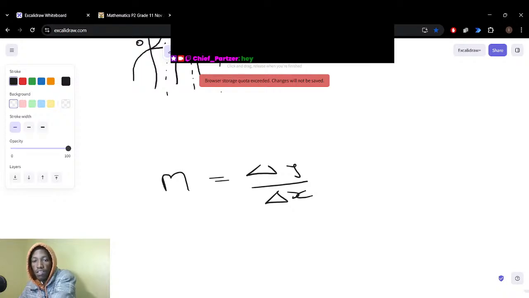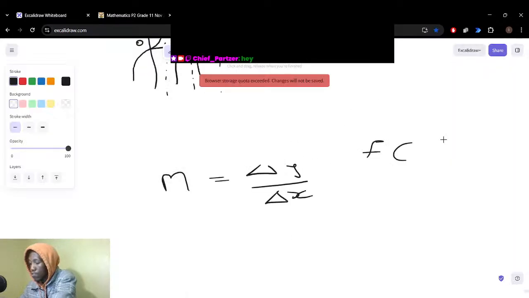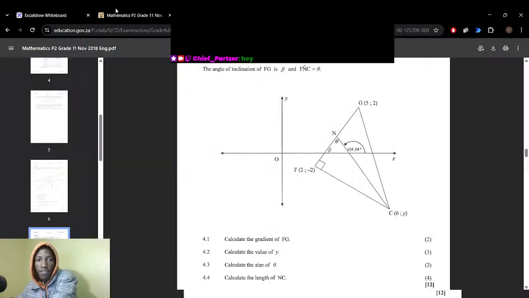So we are given point F, which is, let's go back, (2; -2), and point G, (5; 2). Let me just confirm it's (5; 2). Yes, it's (5; 2).